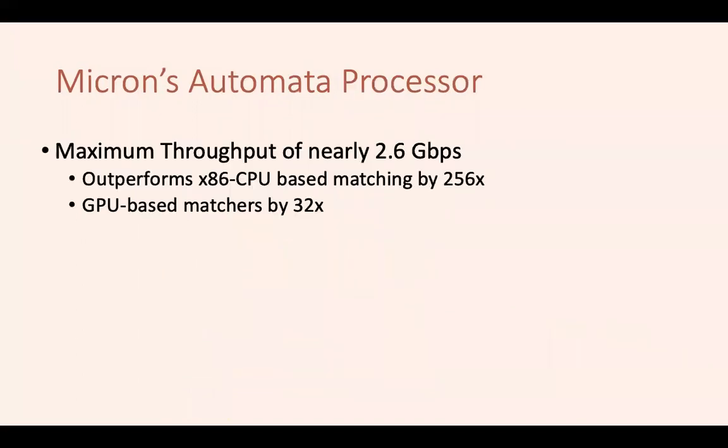This automata processor has a throughput of 2.6 gigabits per second, which outperforms x86 CPU based matching by 256 times, and certain GPU based matchers, which are also based on a lot of parallelism, by around 32 times.